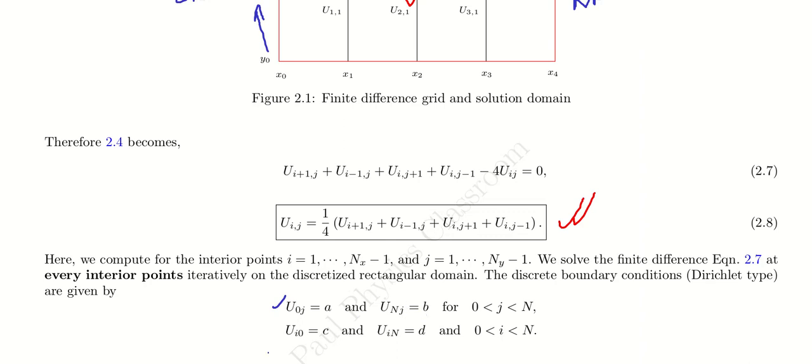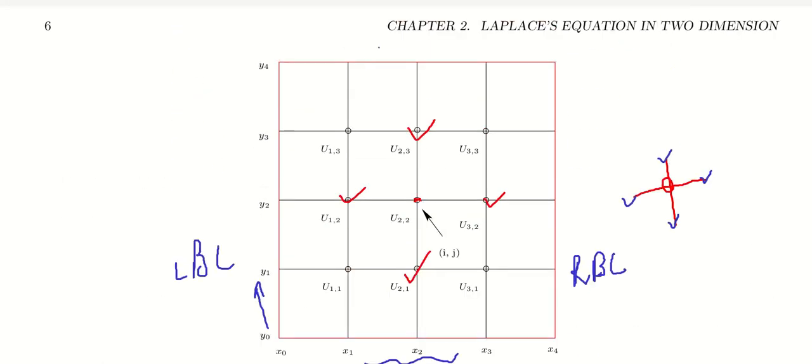Yes, j is running. And ui, 0, where y is 0 and i is running, meaning the x axis is running, this is your c, and this is basically the bottom boundary condition, and the top boundary condition is basically d, which is given.